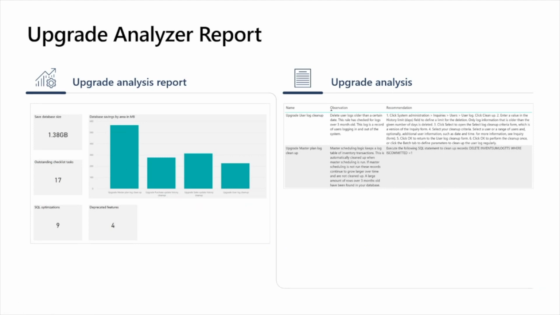If I clean that up, I could reduce almost half a gigabyte, and then there are also a number of SQL optimizations that I can apply to my SQL server that will just make the export experience from 2012 a bit faster so that the migration is as efficient as possible. And it does also call out some of the deprecated features, so you can drill down into that and see what has been deprecated, and basically those items need to be revisited.